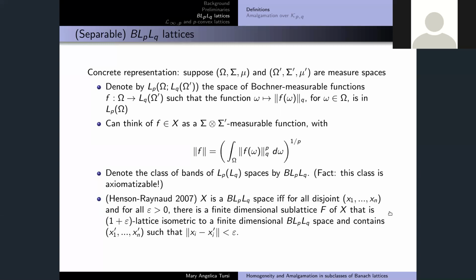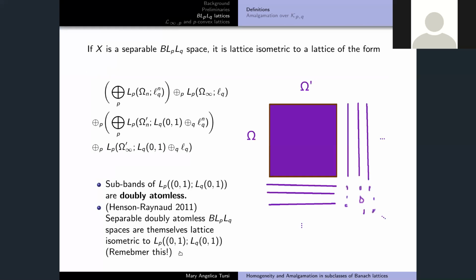This will be a finite dimensional lattice, by the way, by some sublattice of a finite dimensional BLP LQ space, in the sense that it's very close to lattice isometric, and it's also very close to the actual generating elements here. So just a visual representation of what that's like. I like to think of it as taking some Ω and Ω', and then this purple area is the Ω times Ω' measure space.